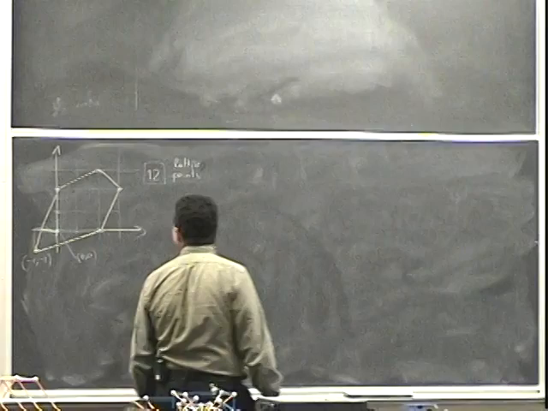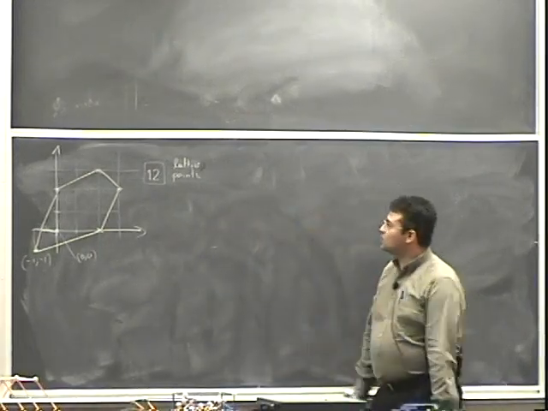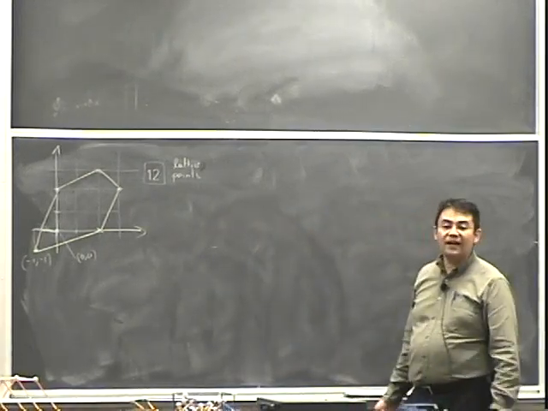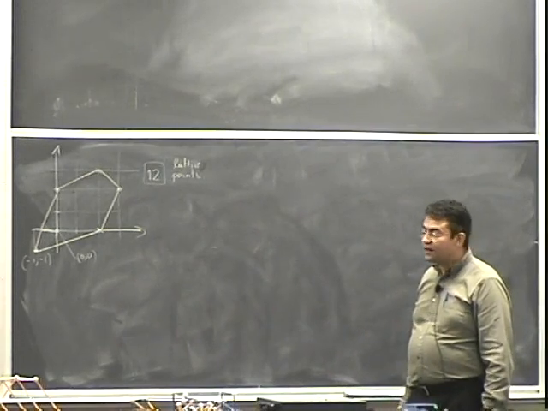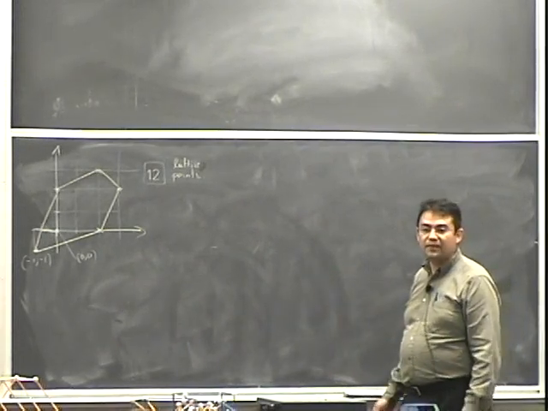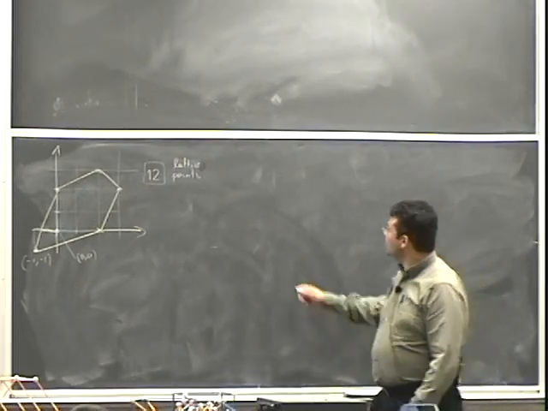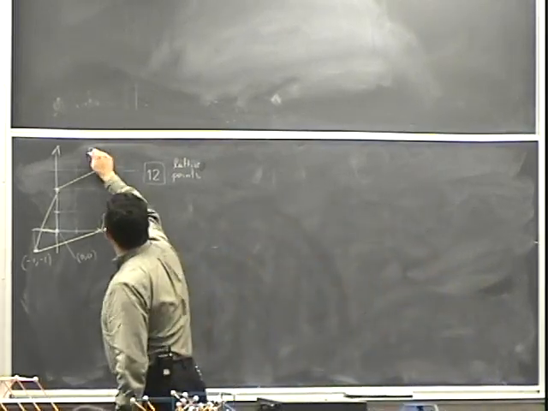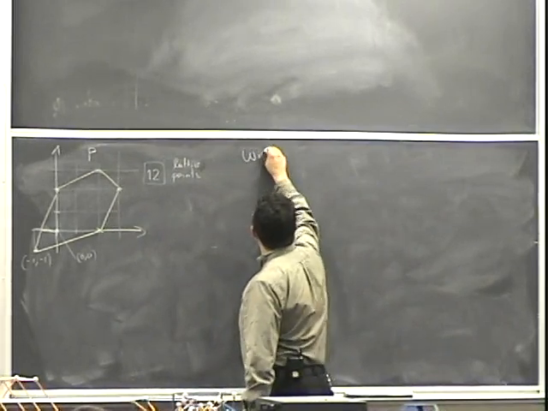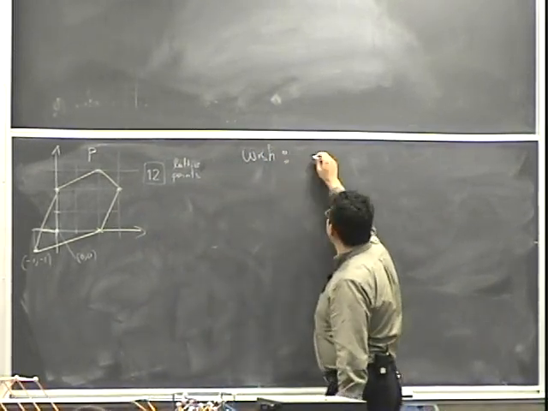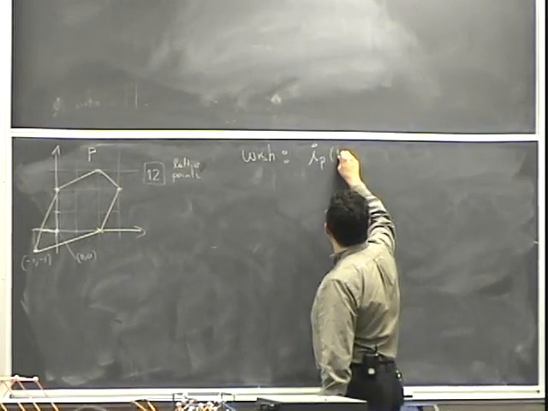What I wish to know is a formula for the Ehrhart polynomial of this polytope. So if this is my P, my wish to Santa Claus is: what is L_P(n)?